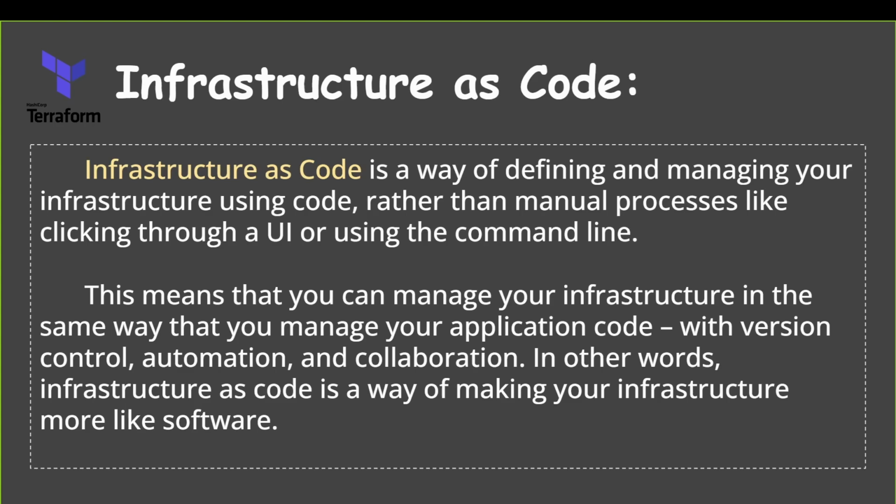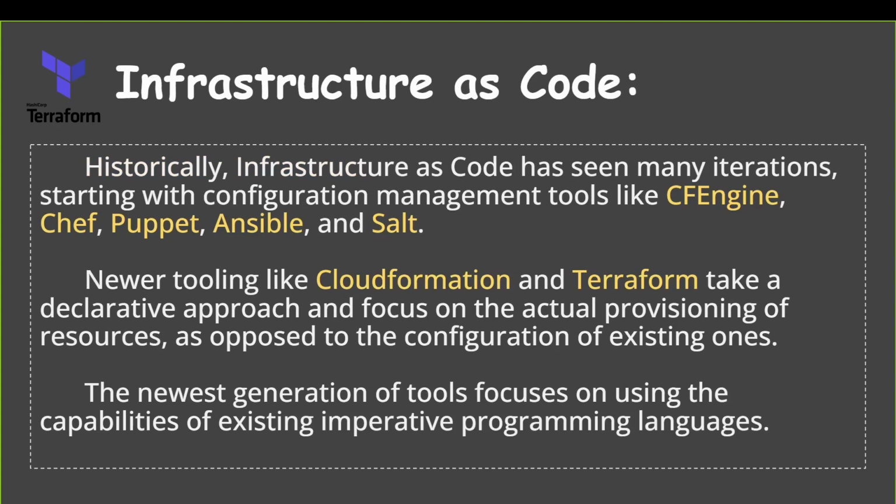Instead of running multiple commands to create the resources, you could have a code base, organized in the form of folders and files, which will help you create the resources. This means that you can manage your infrastructure in the same way that you manage your application code, with version control, automation, and collaboration. In other words, infrastructure as code is a way of making your infrastructure more like software.